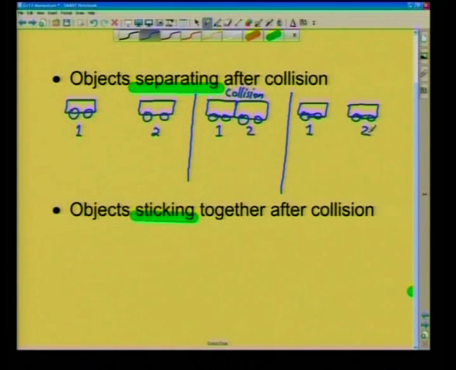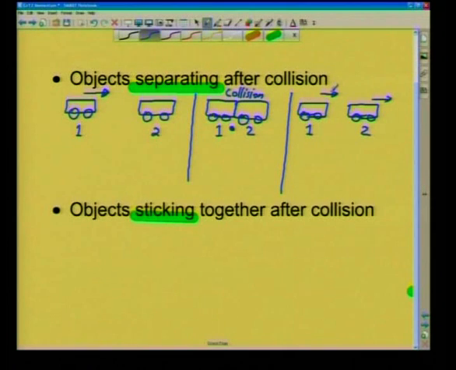And in this situation, it could be that this one is moving in that direction, this one is stationary or moving in the same direction or against that direction, it doesn't matter. But the fact is that they are going to collide. When they collide, in this situation here, after that collision, they separate. And they can separate, finding that this one is now moving in that direction, this one could still be moving in that direction, or even stationary, whatever the case may be.